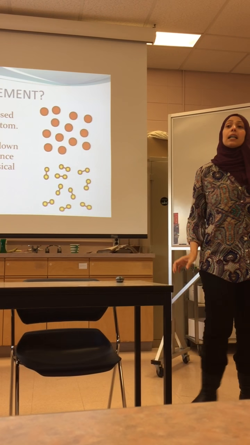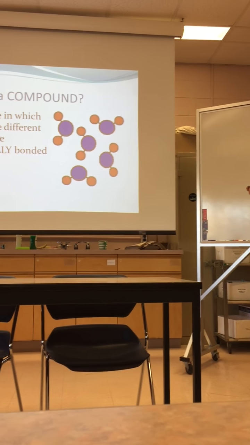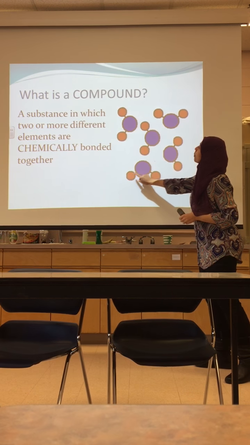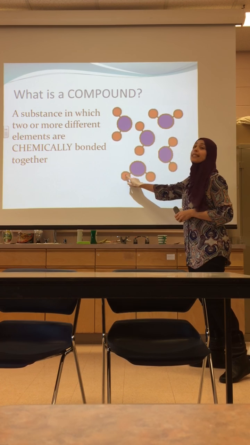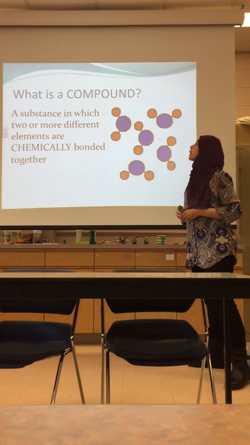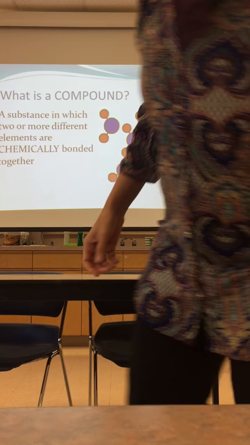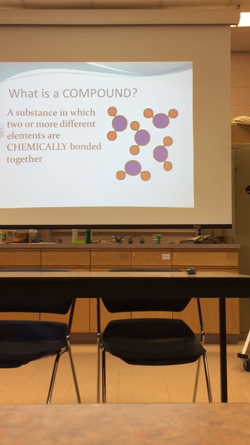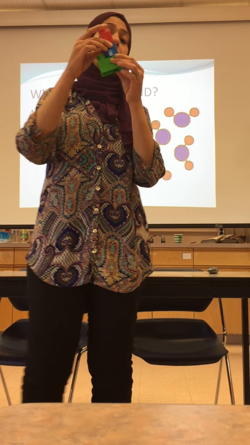A compound, as you can see here in this particular example, is made up of two different elements chemically bonded together. When I say chemically bonded together, I mean they are stuck together.